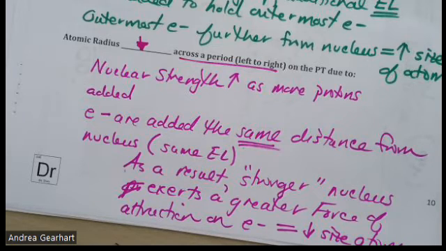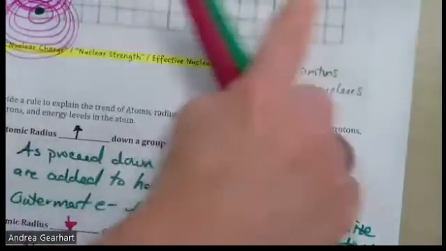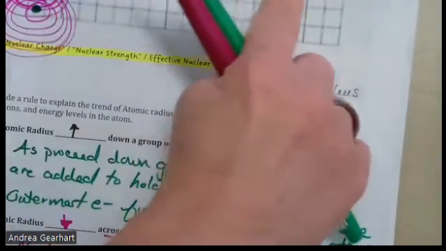But it's where is the stuff? I cannot think of another kind of example that illustrates that. The nucleus is getting more and more powerful, but the electrons are added the same distance.